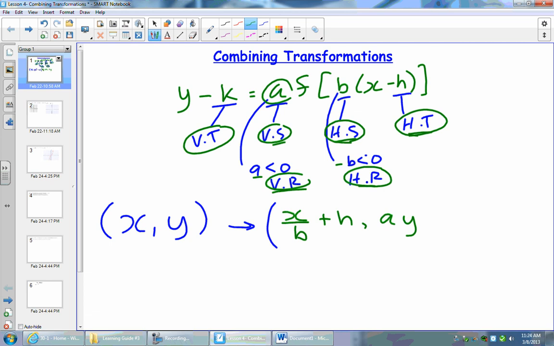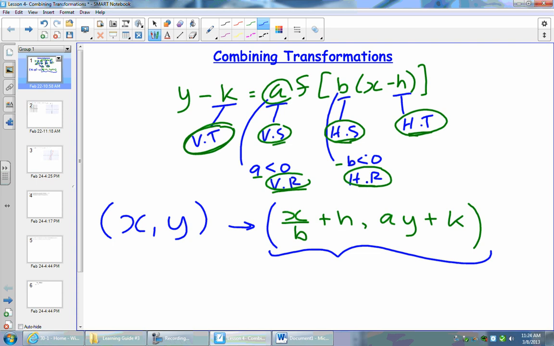And finally, what happened to all your y values when you applied a vertical translation? Well, all your y values were added to whatever your k value was. So this little mini formula is so useful when you're trying to figure out where your points are going when you have a combination of transformations. So keep that in mind when you're applying any type of transformation to a given graph.